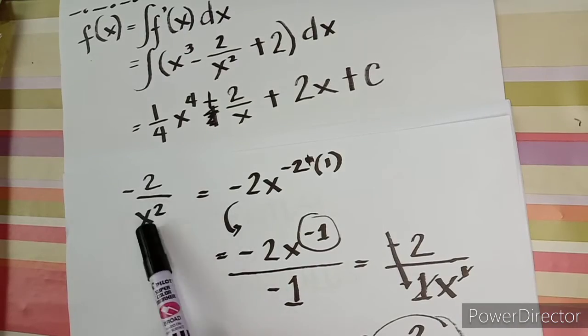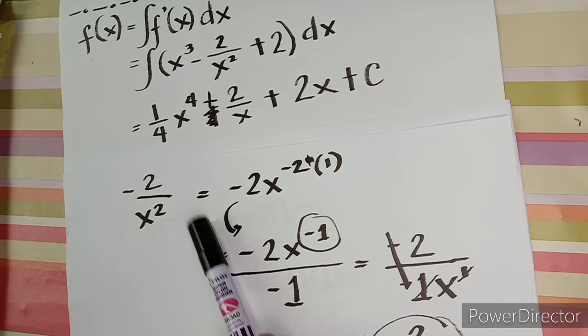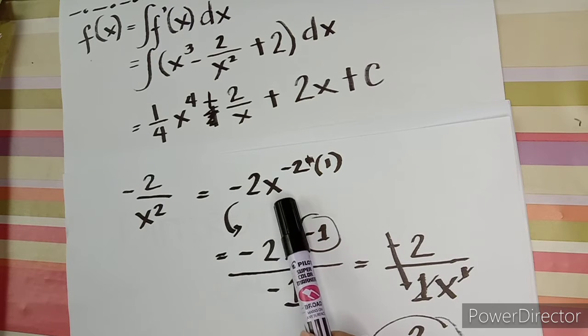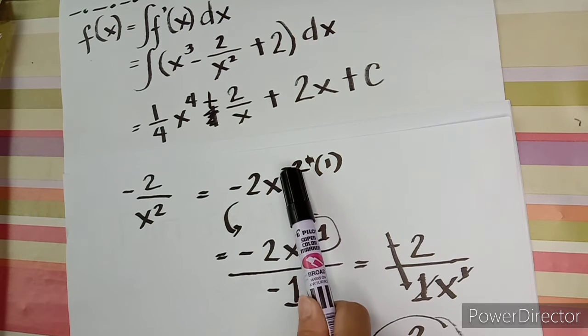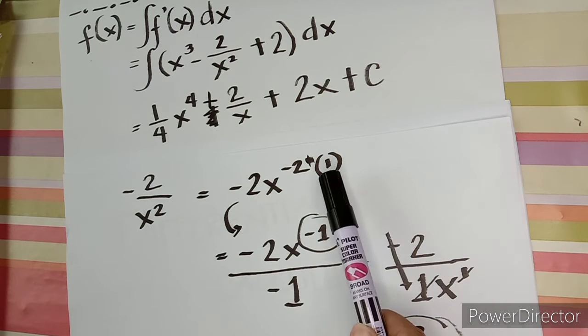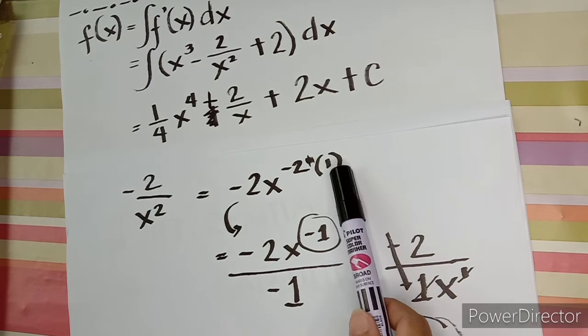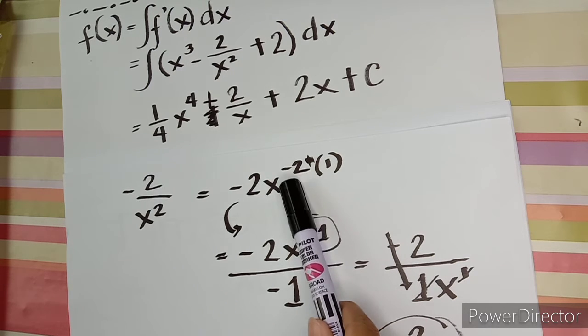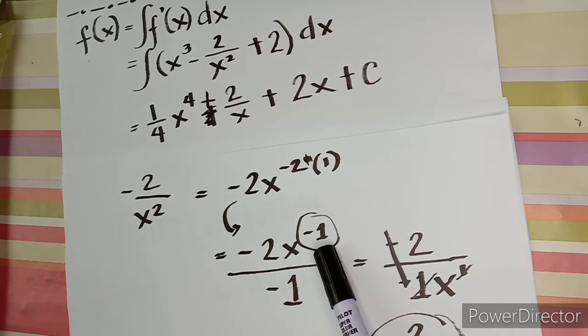Negative 2 over x squared can also be written as negative 2x to the power of negative 2. So how can we get the antiderivative of this one? Let us add 1 to the exponent. Negative 2 plus 1 is negative 1.